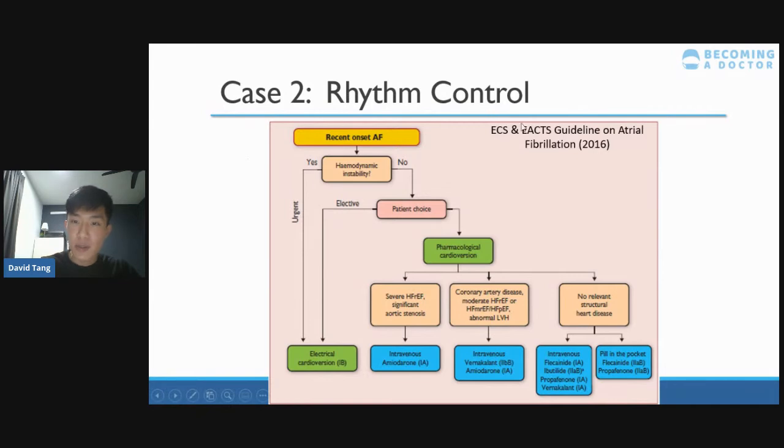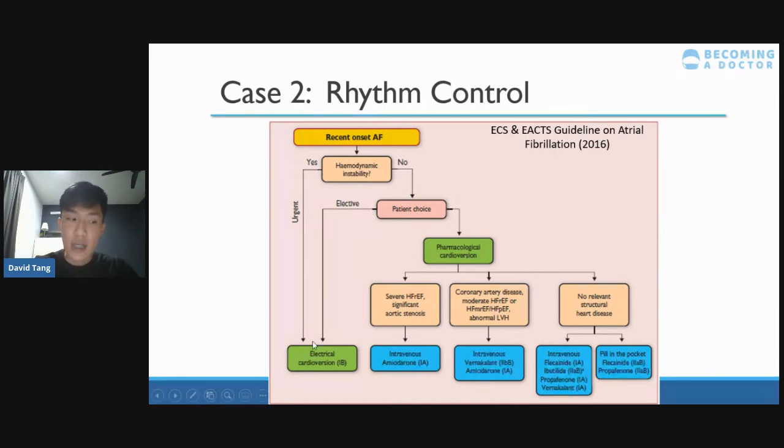So for rhythm control, basically this is a postgraduate level. In terms of the choice of medication, I've inserted it here in case some of you might be interested in knowing a bit more about the treatment guidelines. If the patient decided to go for cardioversion, and we know exactly when the AF has started and it's less than 48 hours, we can electrically cardiovert.